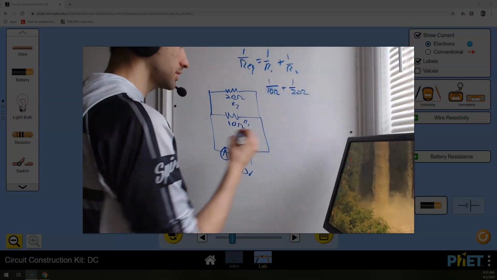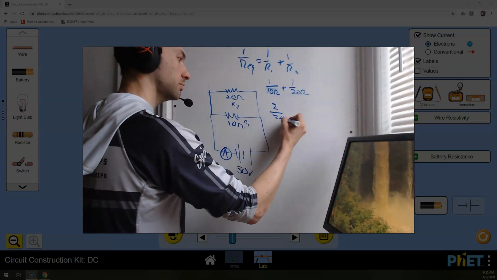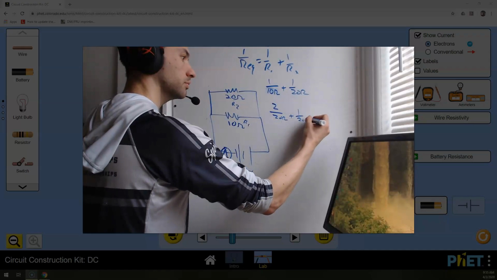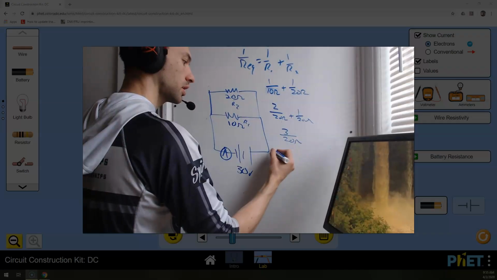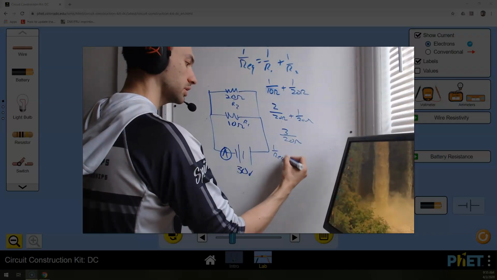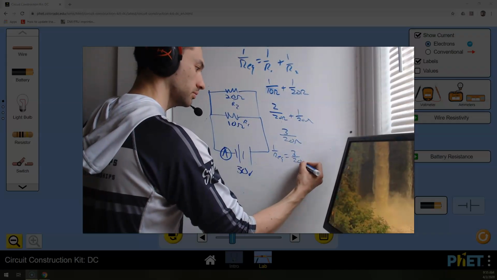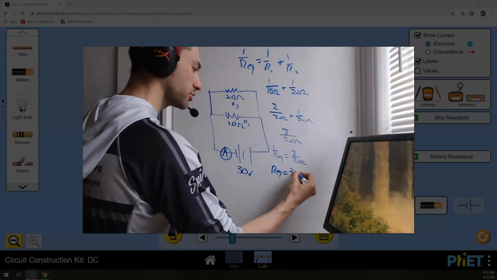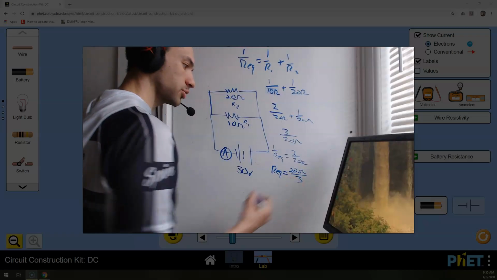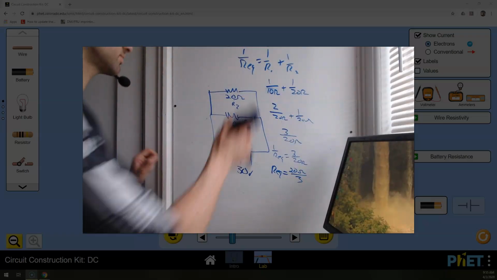I have to find a common denominator, so 2 over 20 ohm plus 1 over 20 ohm, so 3 over 20 ohm. So 1 over Req equals 3 over 20 ohm. That means Req equals 20 ohms over 3, which we know is 6.67.